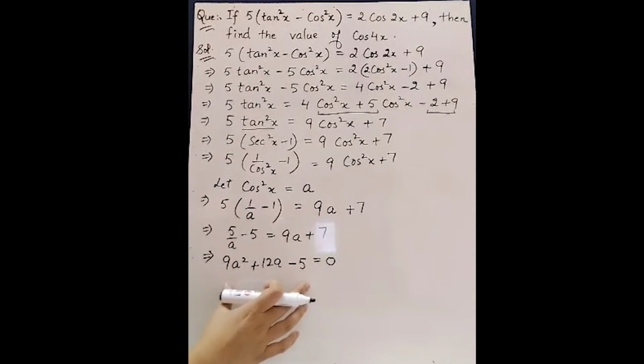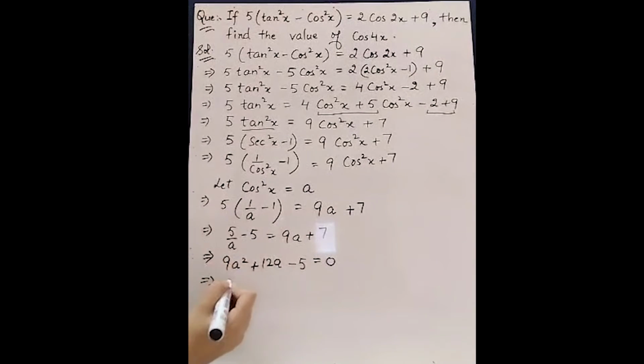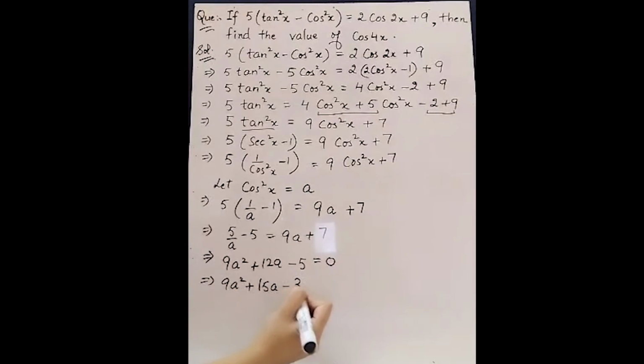We will make the factors of this expression, splitting 12A as 15A minus 3A, so 9A square plus 15A minus 3A minus 5 is equal to 0. We need the factors for this, that's why I'm applying the factorization method.